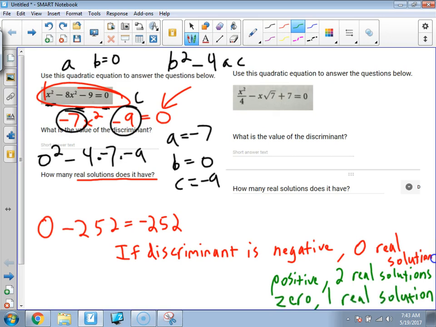In the situation where we had the answer negative 252, how many real solutions will it have? 0. None. There are no real solutions because the discriminant was negative.